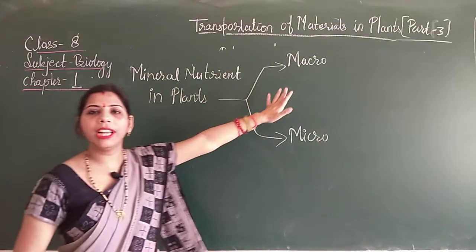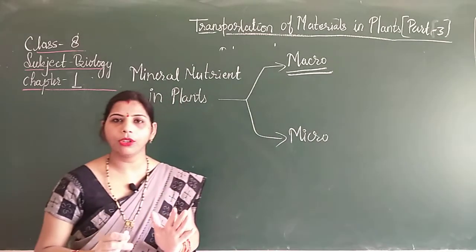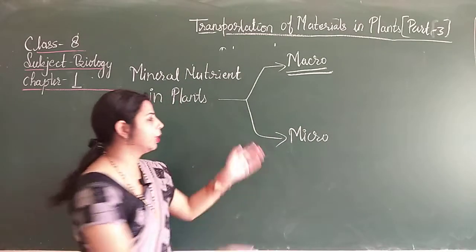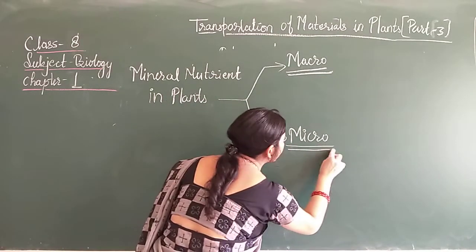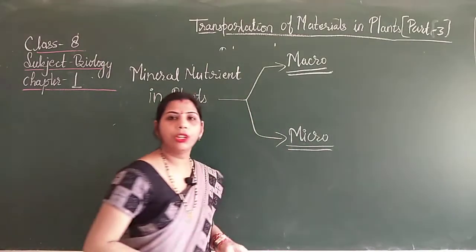The macronutrient means the nutrient which is required in huge amount, which the plant needs more of, and the nutrient which is required in less amount is known as the micronutrient.